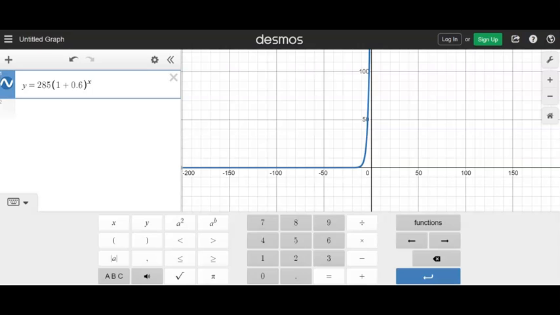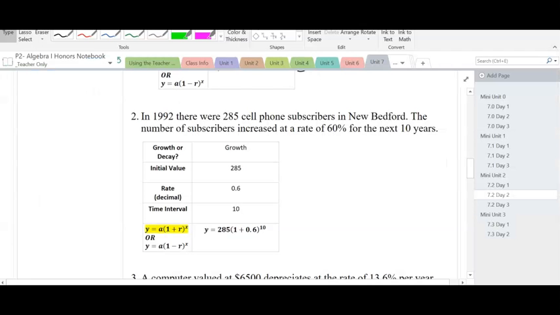Now, if I want our exact answer, instead of putting x, I'm going to put 10, and it gives us the answer of 31,336.08. So if I round that to a whole number, it would be 31,336. So I could go back to our notebooks and write that in.